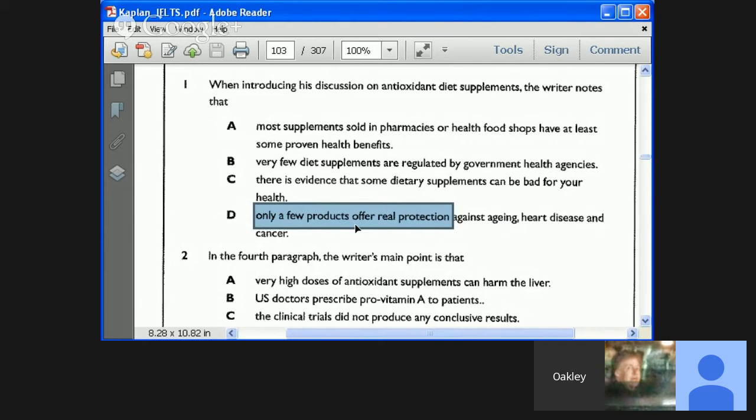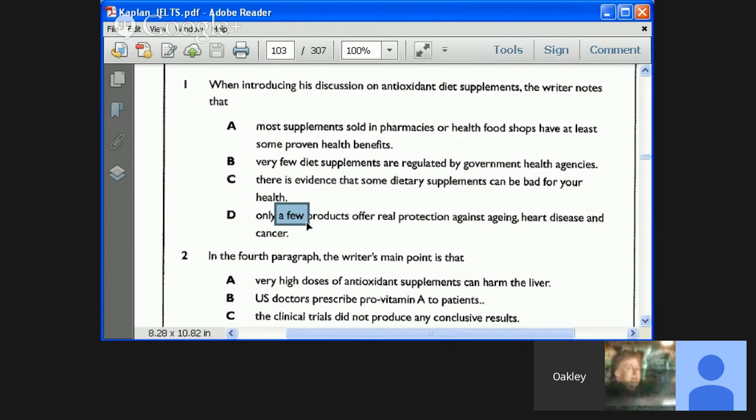Okay, I have to tell you, because I've done this IELTS so much, my alarm bells are ringing. Whenever I see in these possible answers a quantifier or an absolute, things like occasionally, frequently, never, always, a few, the majority, I know to proceed with caution, because this is a very common IELTS trick.